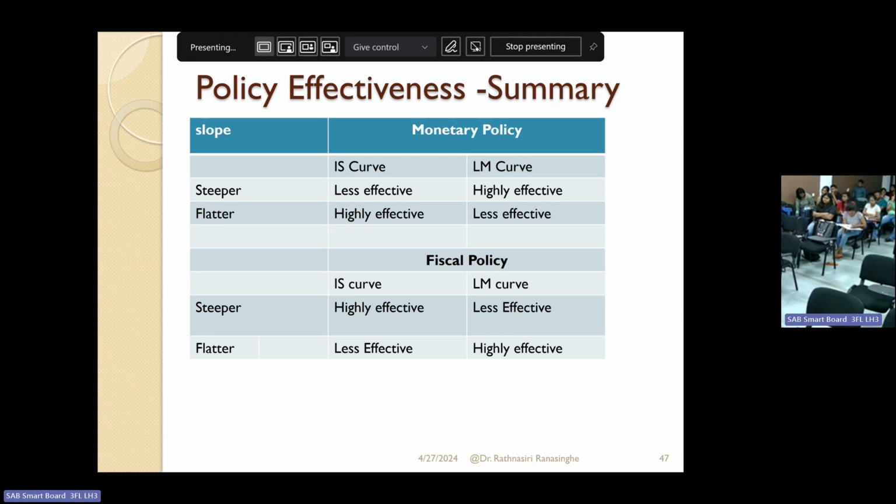That means the impact on national income is greater. So if C2 is high, that means if the interest elasticity of money demand is high, fiscal policies are more effective.